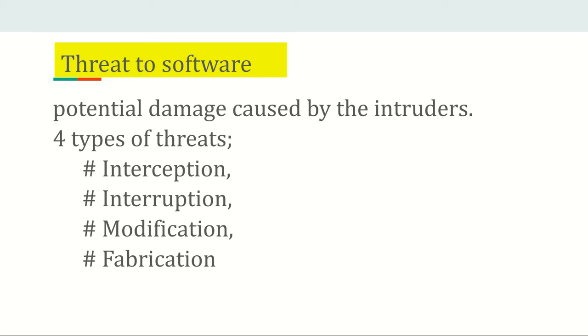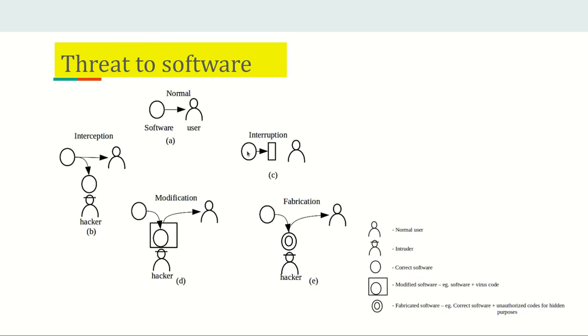Because of these weak points, an intruder can do interception, interruption, modification and fabrication to the software. We will see what interception, interruption, modification and fabrication are. You can see this picture.